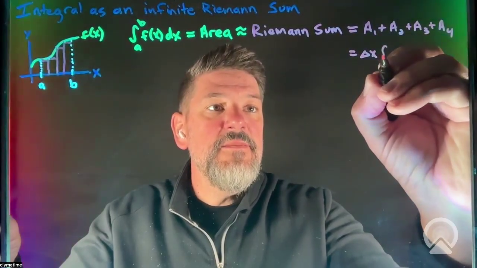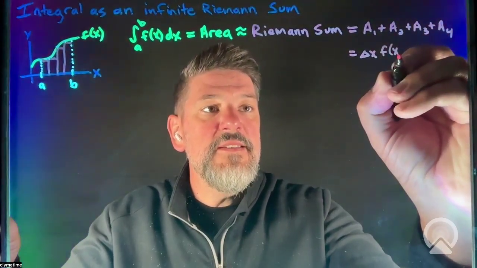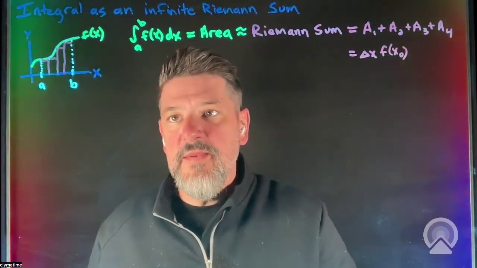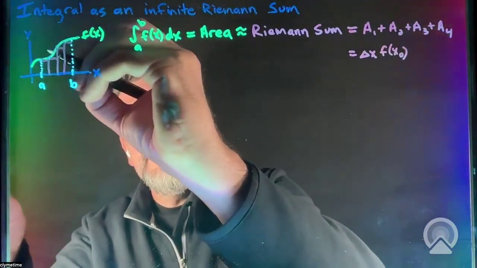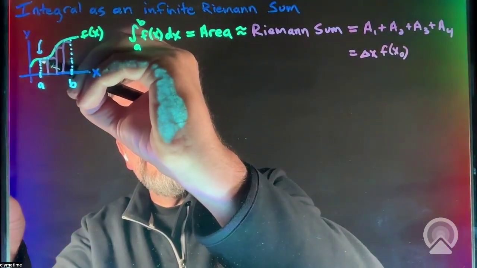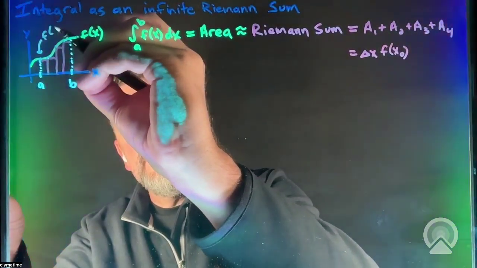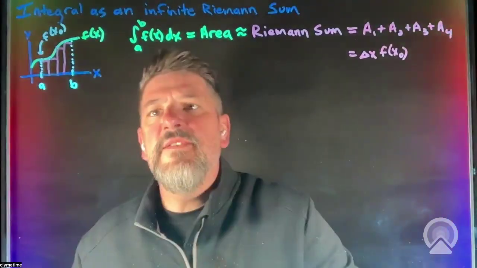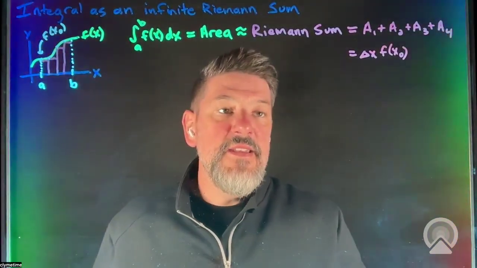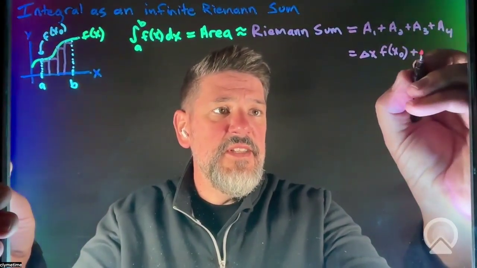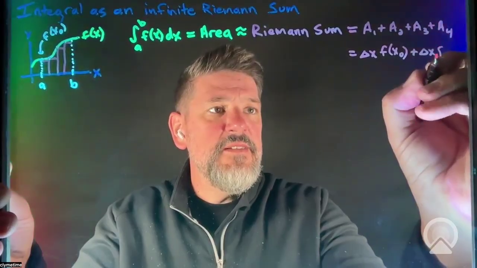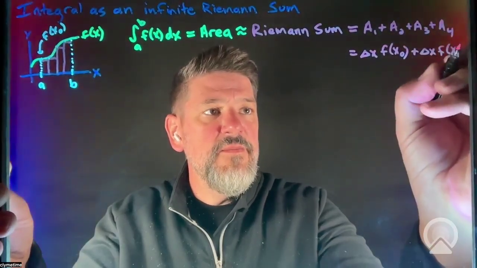And the first height is going to be f of x0. So what that means is my very first height, that y value right there, is going to be f of x sub 0. That's the very first height. And then the next rectangle is also going to have the same width, plus delta x, but the height is going to be f of x sub 1.